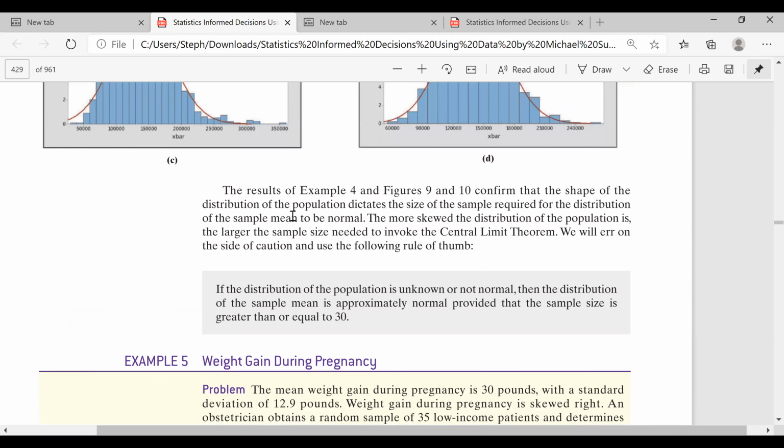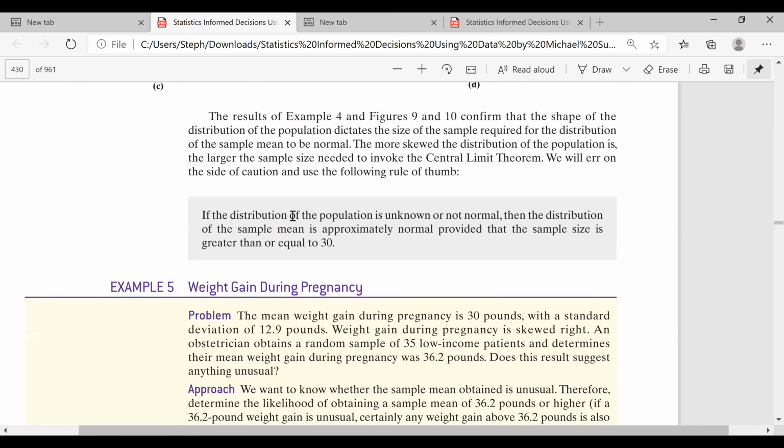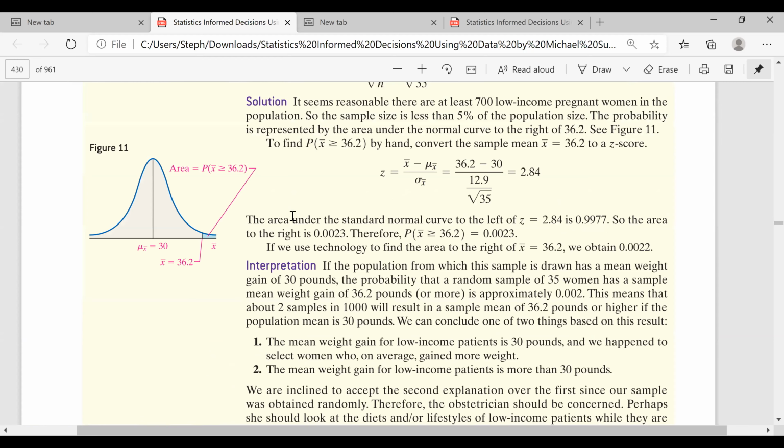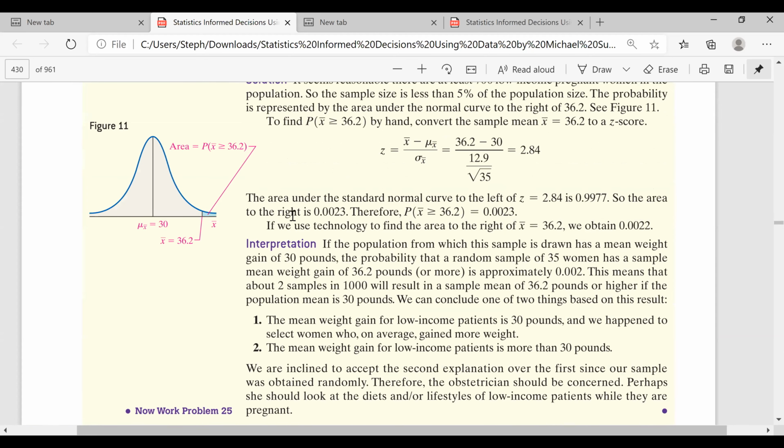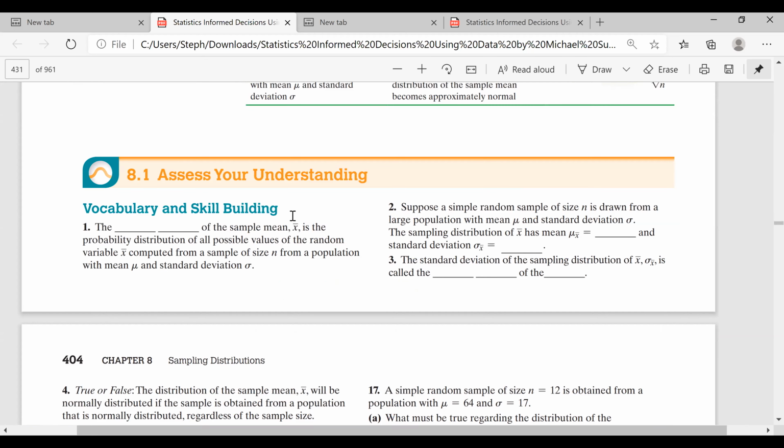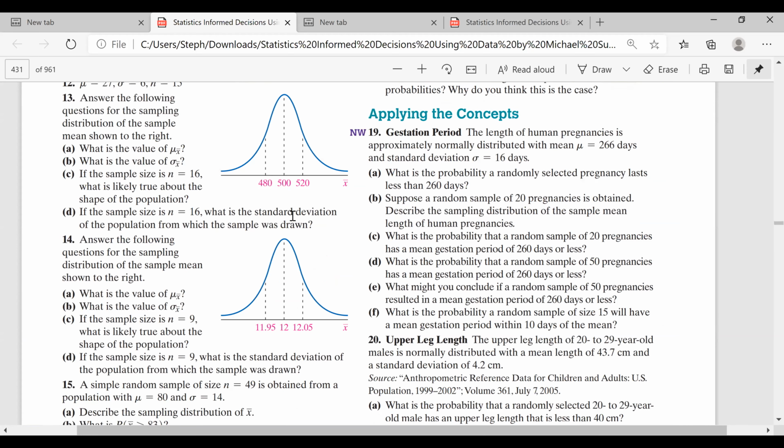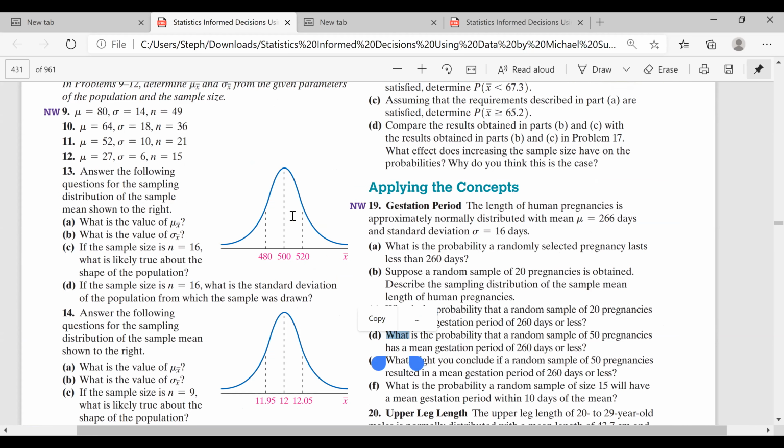You said you subtracted 20? Yeah, because it says what is the value for B on 13? It says what is the value of the standard deviation, and that's 20 because it's 480 and then we have 500 and we have 520. So the standard deviation is 20.